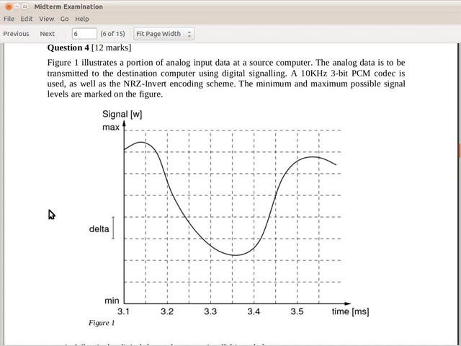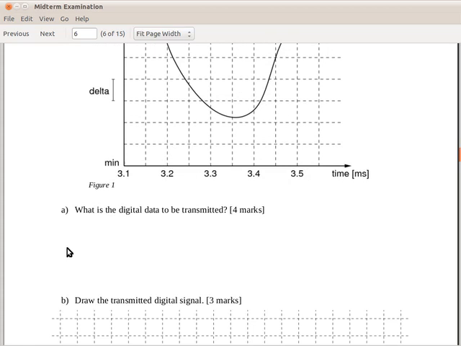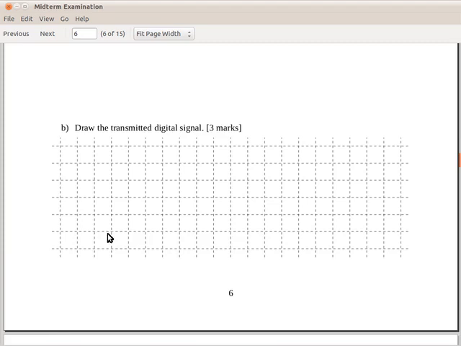That is when we have a bit 1 to transmit, we change the level. When we have a bit 0 to transmit, we keep the level the same. Invert on bit 1. So you had to know about PCM to get the digital data, the sequence of zeros and ones, by sampling this. And then from that sequence of bits, draw the transmitted signal.